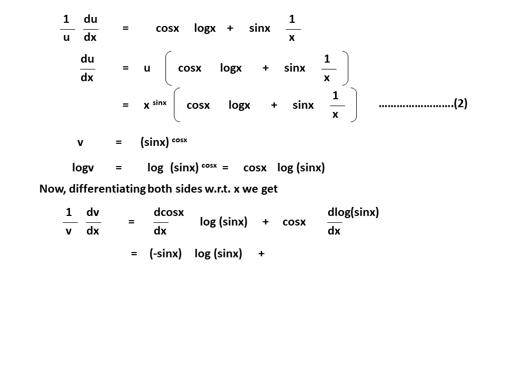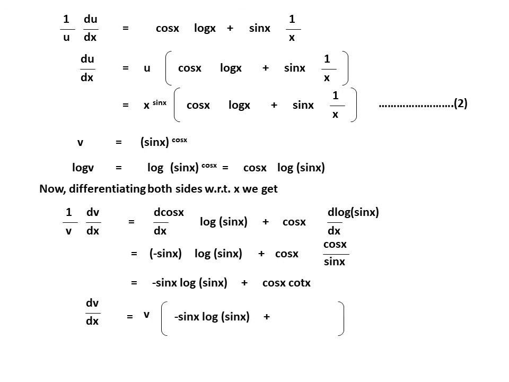So when you simplify, minus sin x log sin x plus cos x into, what is the differentiation of log sin x? 1 by sin x into differentiation of sin x, which is cos x. So this you can simplify: minus sin x log sin x, then plus cos x into cot x. Cos x by sin x I have written as cot x, or you can even write cos square x by sin x, all one and the same.